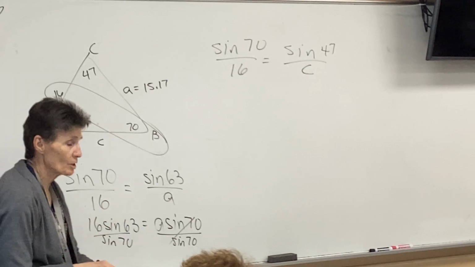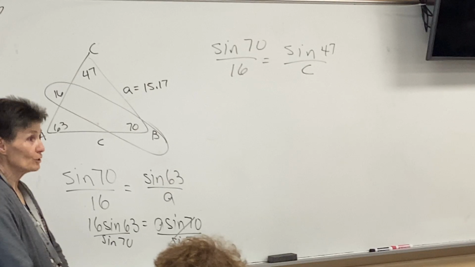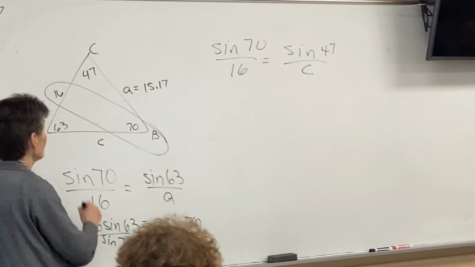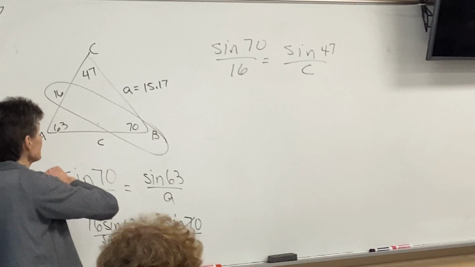Anybody have a question about that? Tomorrow you're going to do this. All right, then we got to find the other one. So we'll go back to sine 70 over 16.